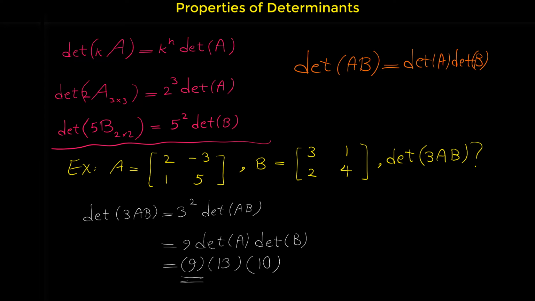Now 9 times 13 is 117. 117 times 10 is 1170.